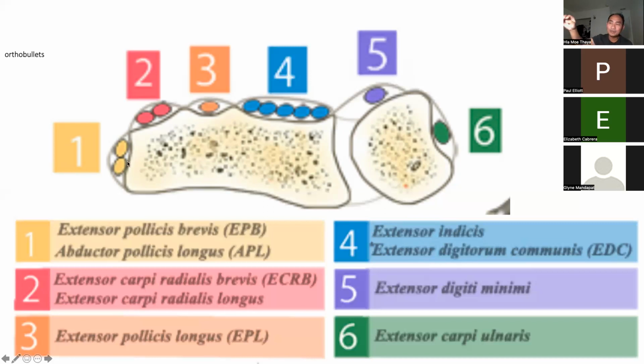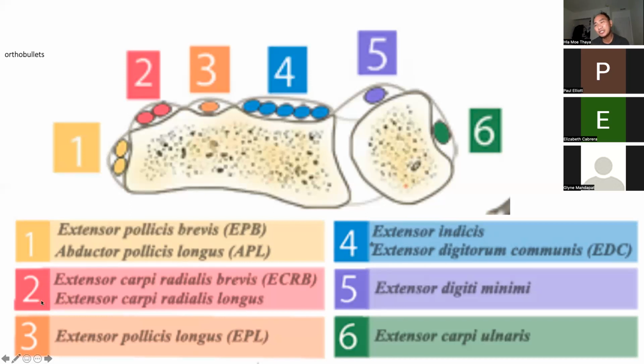So it will extend the thumb like the extensor pollicis longus, but it doesn't go that far distal. Therefore, we call it extensor pollicis brevis and abductor pollicis longus. So which abducts our thumb? That is the abduction. So this job will be done by the abductor pollicis longus. So in the first compartment, we got 2 muscles to remember.